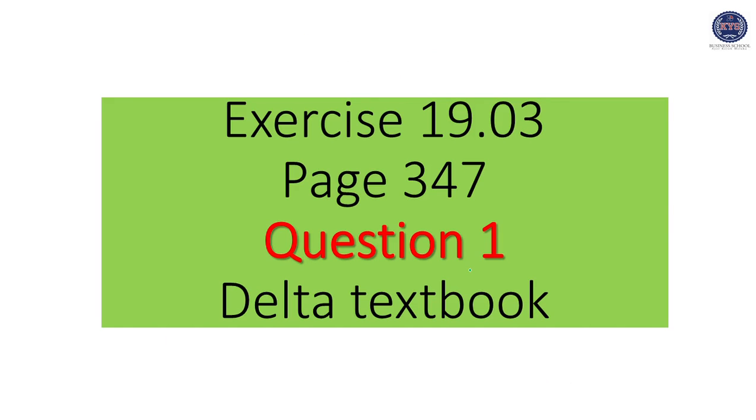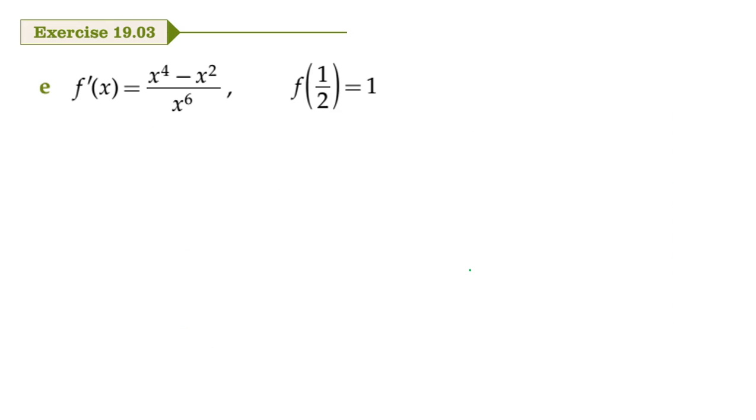Okay, alright, so let's try one question from this 19.03. Okay, I've chosen question E. Question E. Alright, so how to determine the f(x)? So to determine f(x), we must integrate our f prime.